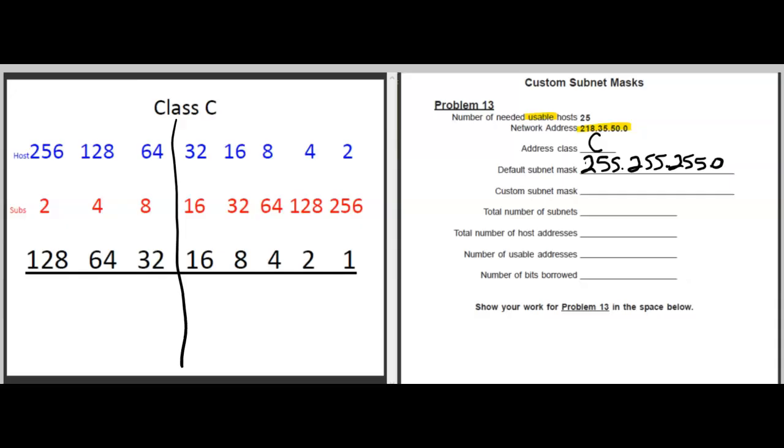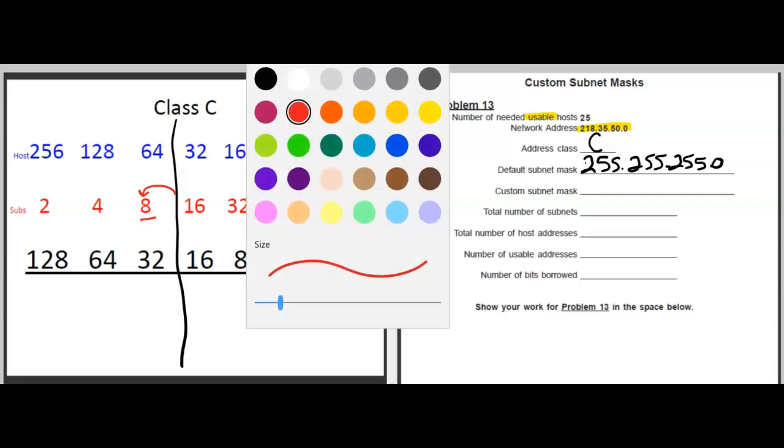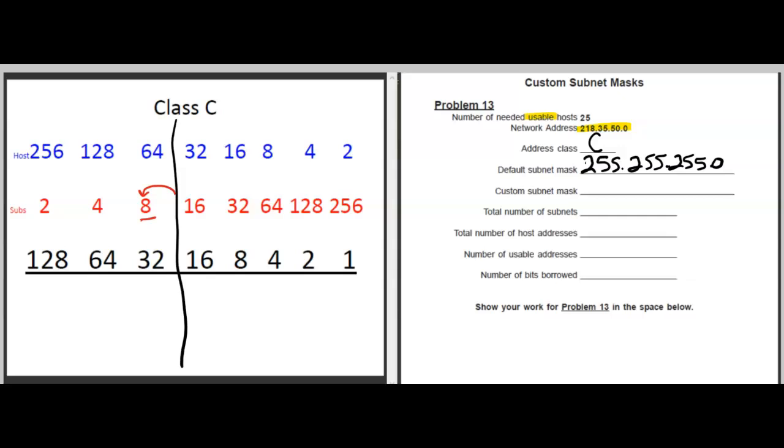And so now we should be able to fill in the total number of subnets, because we know that our total number of subnets is anything to the right of the line. So that means that our total number of subnets would be 8. Again, look out for my wonderful 8s. And then the host address, we know that when we're working with hosts, anything to the right of the line is hosts.